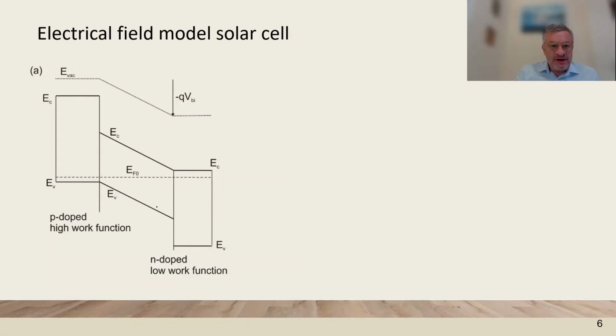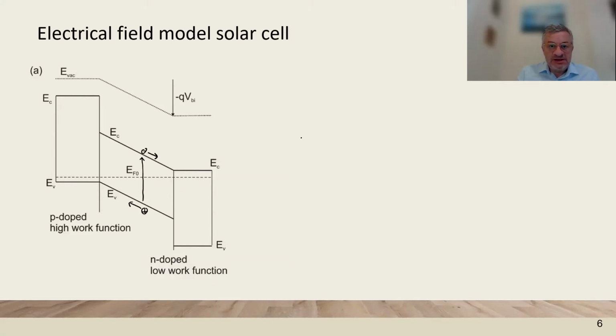So this is a first model, still very popular in many analyses of photovoltaic systems, in which, as we said before, the built-in voltage is transformed completely into an electrical field, and then this electrical field is supposed to separate charge so that electrons in the conduction band are going one way and the holes in the valence band are going the other way.